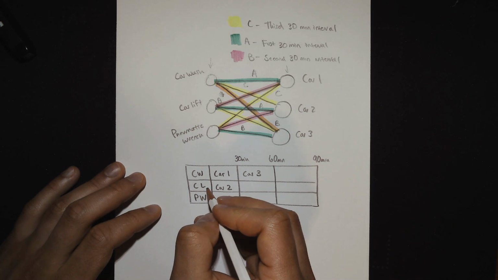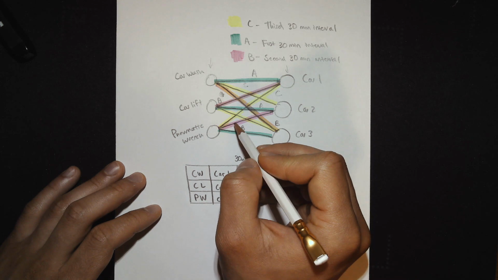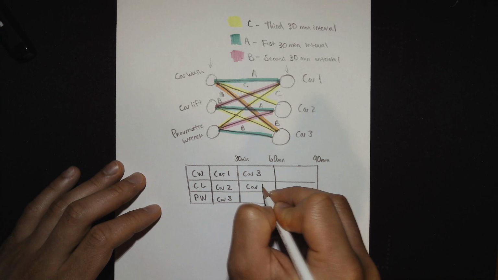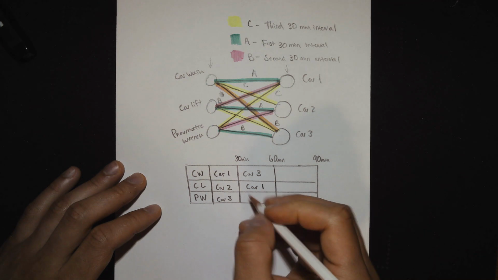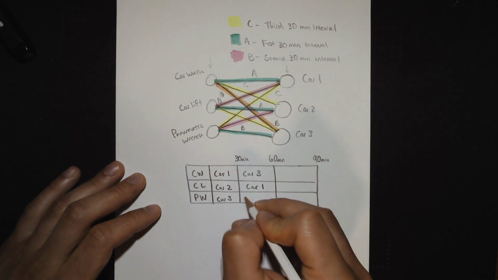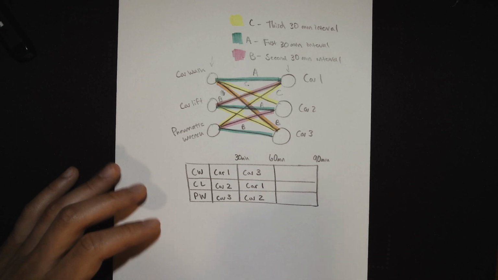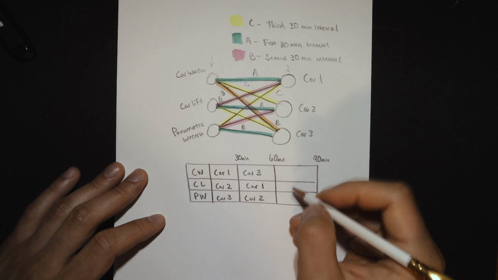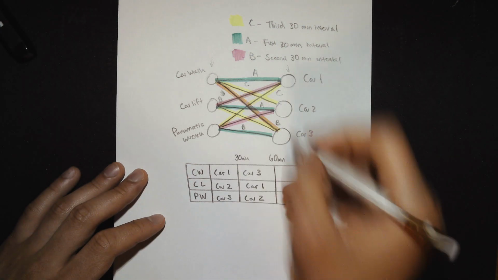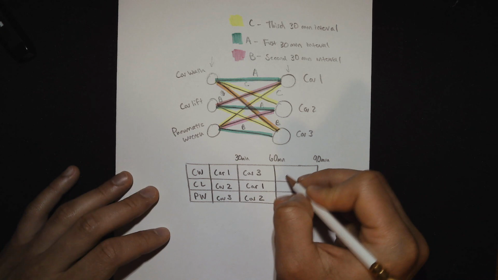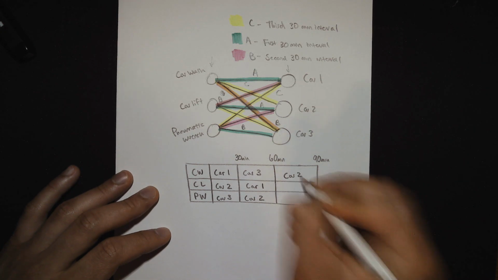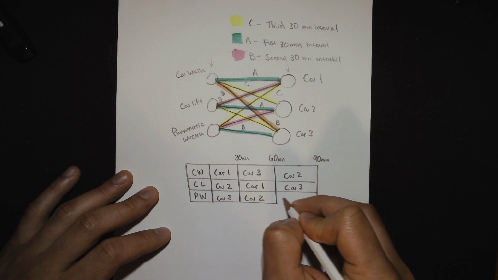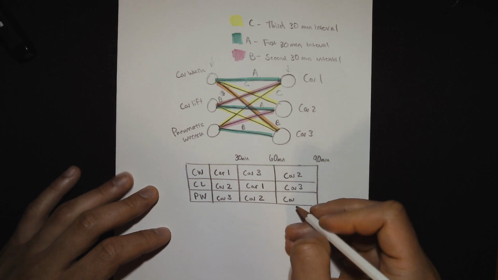The car lift working on car 1 will happen during the second 30-minute interval, and then the pneumatic wrench working on car 2 will happen during this interval. And lastly, during the last 30-minute interval, we have car wash working on car 2, and then car lift working on car 3, and the pneumatic wrench working on car 1.